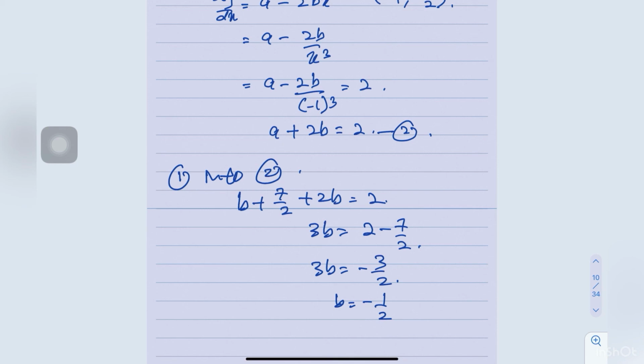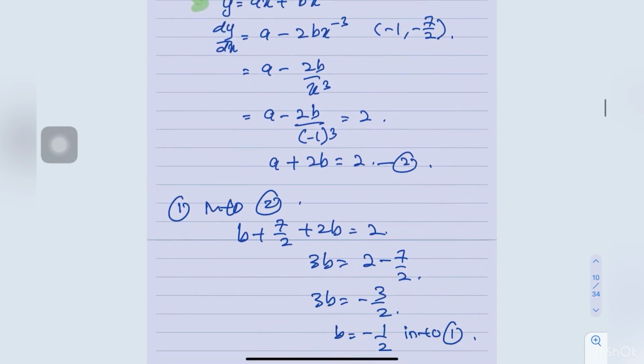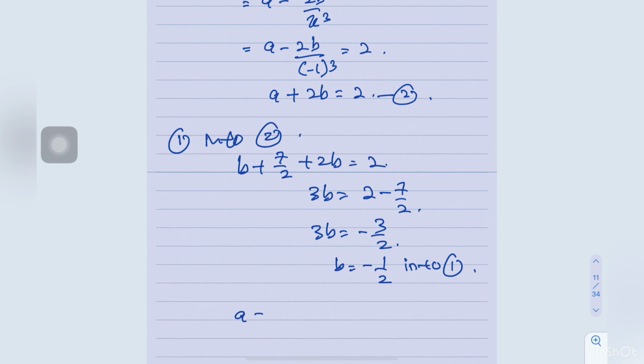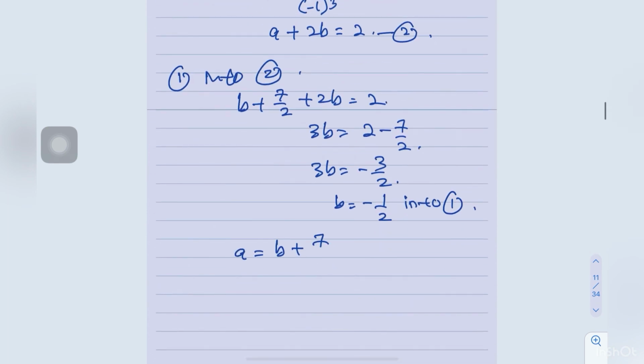So a is b plus 7/2. So b is -1/2 plus 7/2. So therefore a equals 3. So b equals -1/2, and a equals 3.